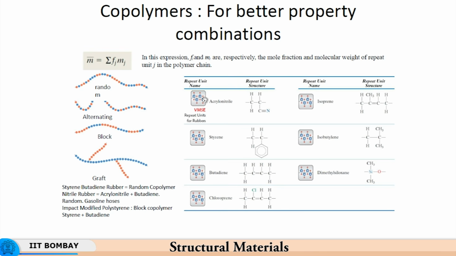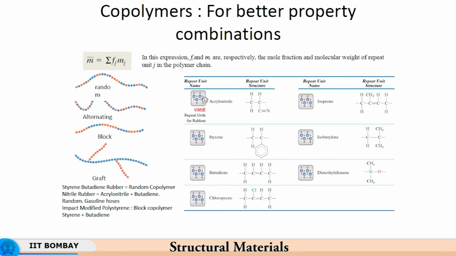So let us say you have styrene and butadiene. So this could be styrene, butadiene and so on. Here you have alternating, so each one of them is alternating with respect to each other. If you take a polymer chain, then styrene and butadiene arrange themselves in alternate locations, whereas random means that there is no specific sequence.